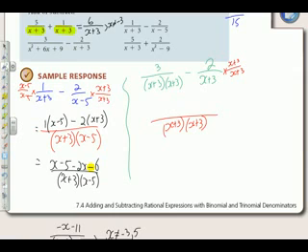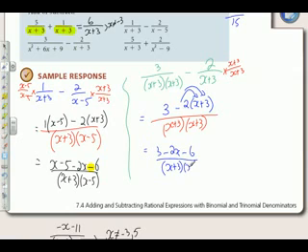Which gives me for the numerator 3. Didn't have to change that one. It had the denominator already. Minus 2 times x plus 3. If you want, you can distribute that in as long as you take the negative in with it. Or do it here now. Distribute it in, which gives you 3 minus 2x minus 6, over x plus 3, x plus 3.